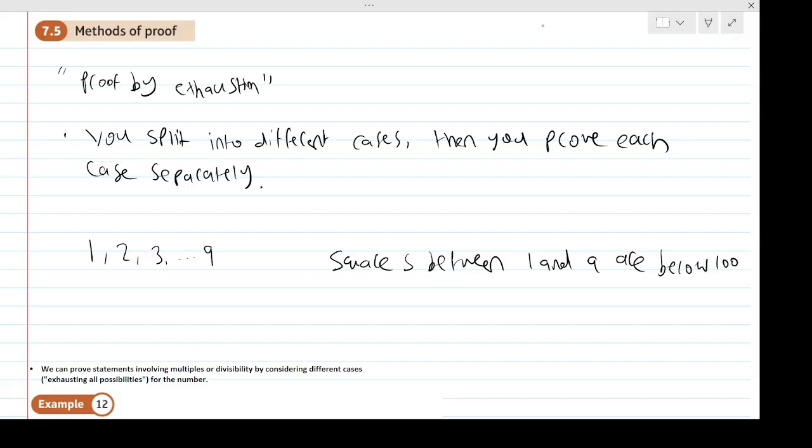Then what you could do in that case is literally do 1 squared, 2 squared, 3 squared, 4 squared, up to 9 squared, and then you show that way they're all below 100. Just a very, very simple proof of that. But literally what you can do is just substitute all the numbers in, okay? And that'll be different cases as well. We will see an example like that, where you literally just substitute all the numbers you need to consider. Normally that isn't the best idea, because obviously there are infinite numbers, but sometimes it can be helpful to substitute all the numbers you need to consider, and then it's true for every number, therefore proving it.